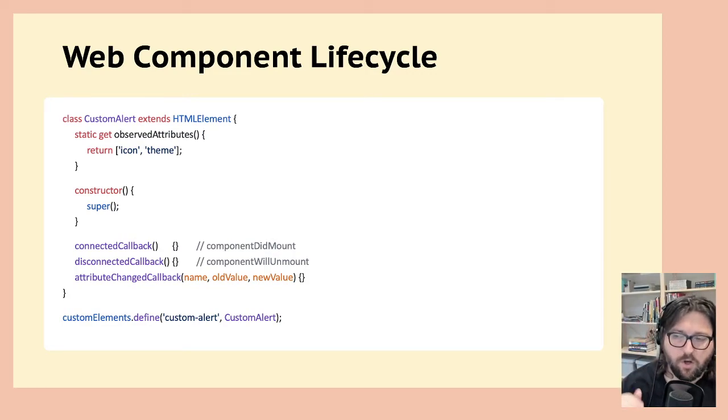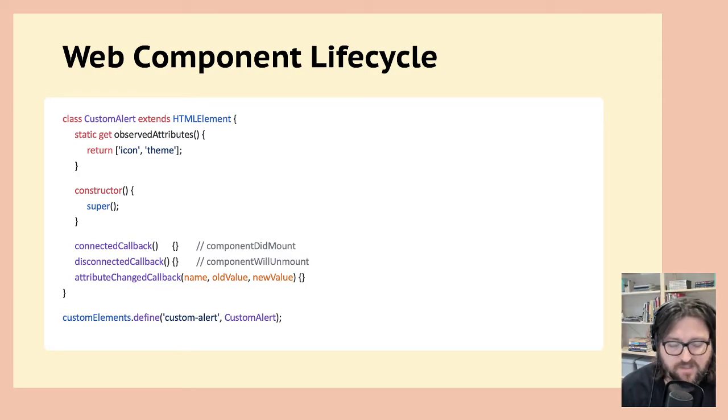And then there are other callbacks that happen throughout the life cycle. Connected callback is like component did mount or mounted in Vue, component did mount in React. It's basically when this thing is connected to the page. Disconnected callback is when it got disconnected from the page, like component will unmount, etc.